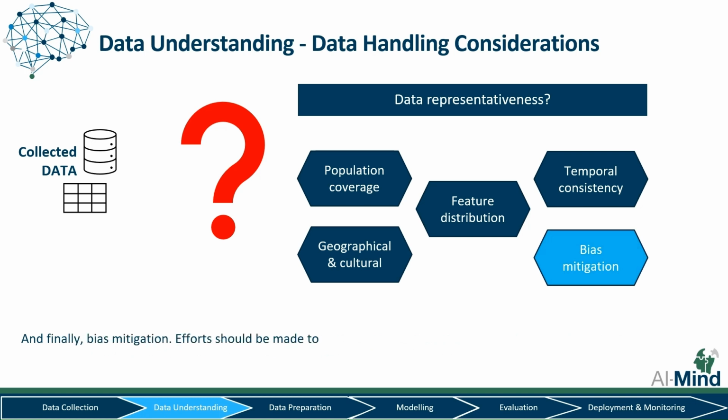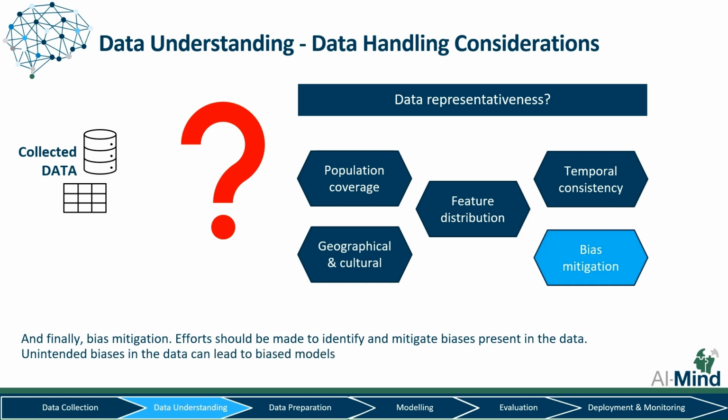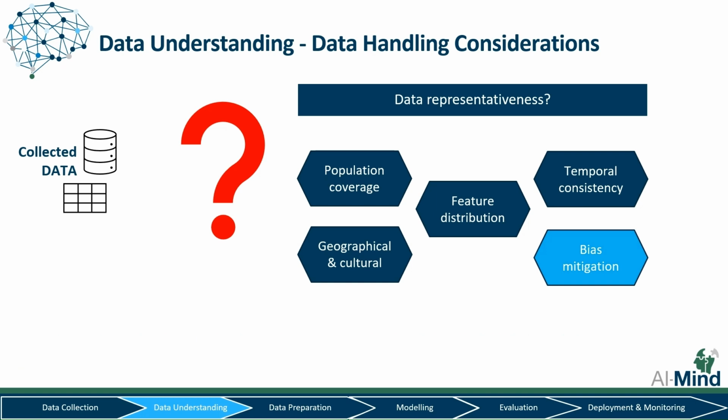Efforts should be made to identify and mitigate biases present in the data. Unintended biases in the data can lead to biased models, especially when the data does not fairly represent all subgroups. Okay, in summary, these are five key considerations for data representativeness: population coverage, feature distribution, temporal consistency, geographical and cultural representativeness, and bias mitigation.